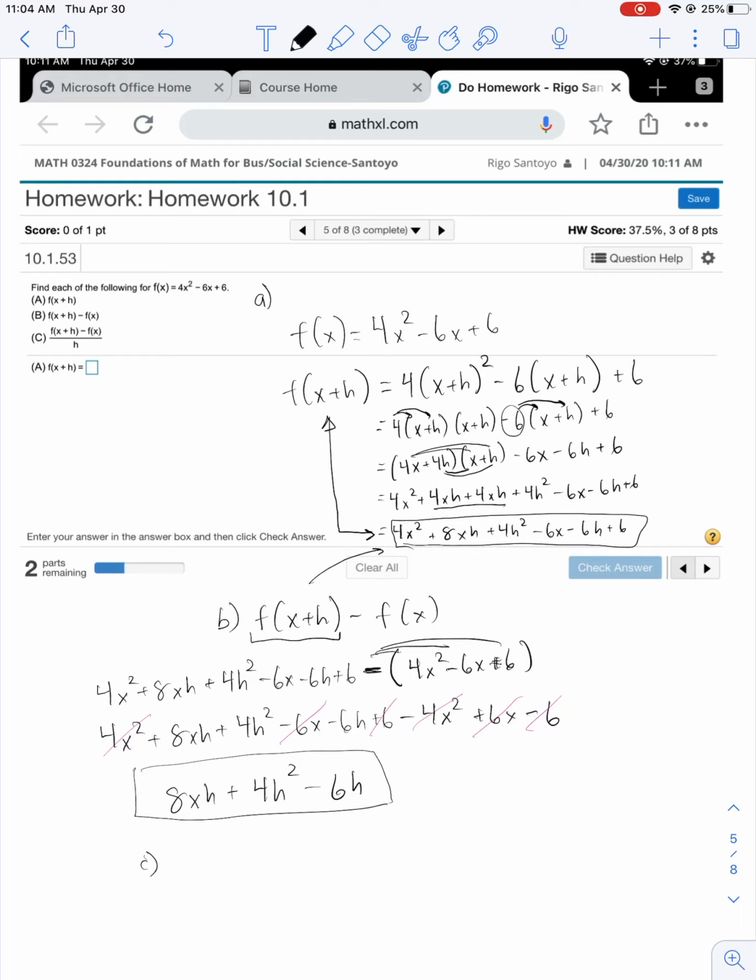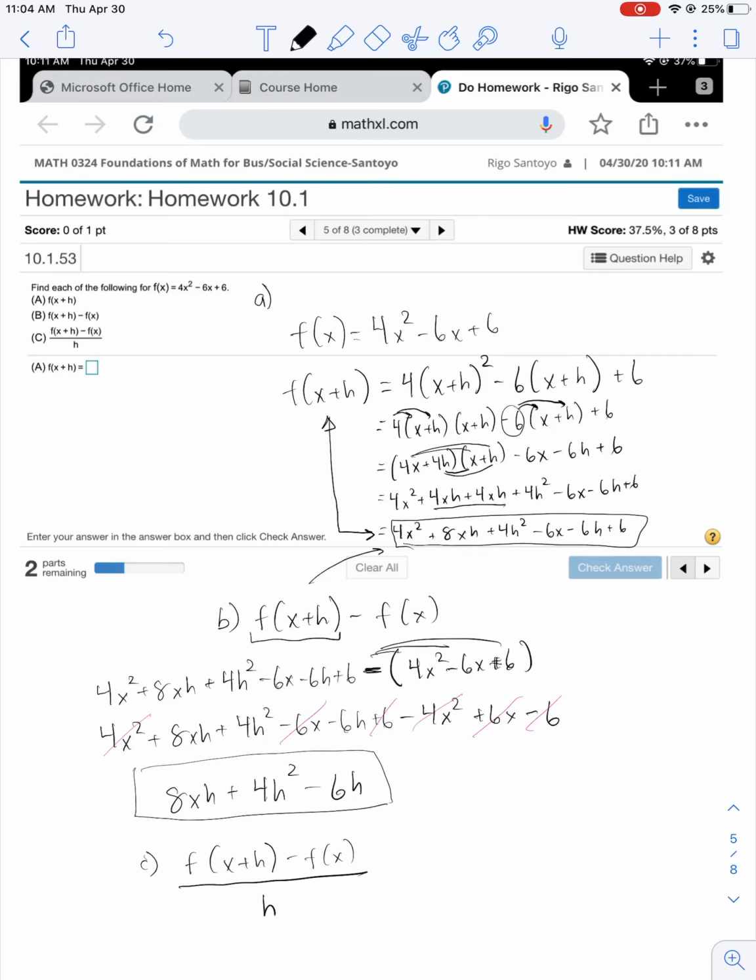Okay, last part C. We want to find f of x plus h minus f of x, put this whole thing over h. All right, so keep in mind that B, what we just did, is actually that top part.